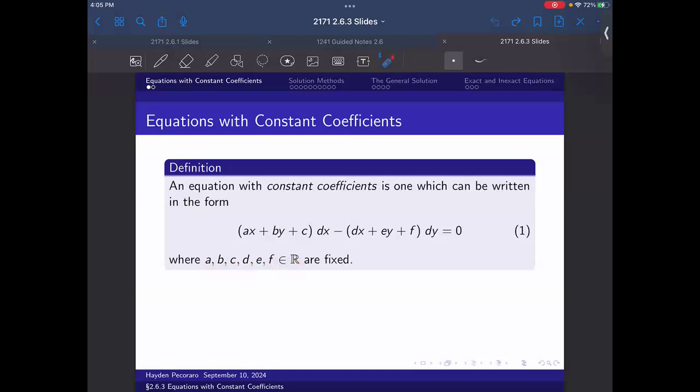Normally we write out differential equations that are linear in terms of functions of x. Here, these are functions of both x and y, but they are linear in x and y, and these a, b, c, and d, e, f are constant. So that's what constant means in this case.